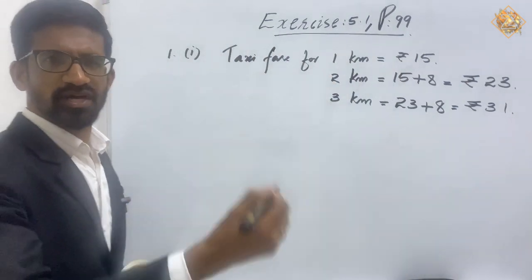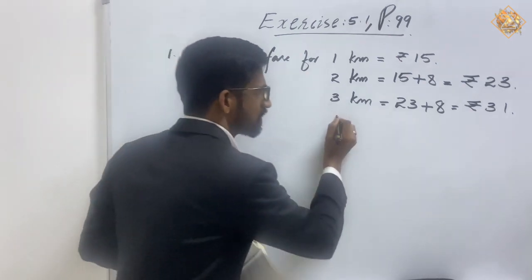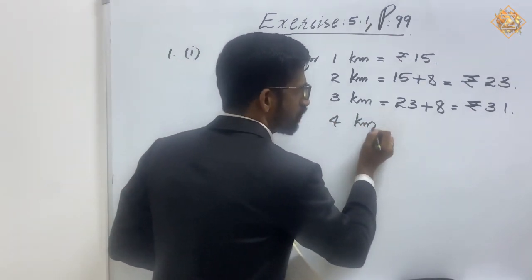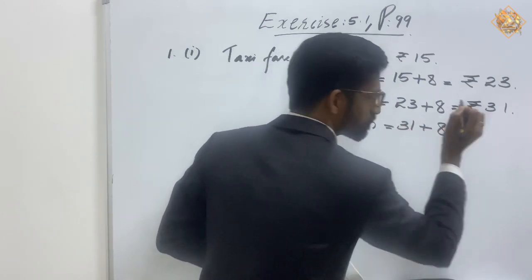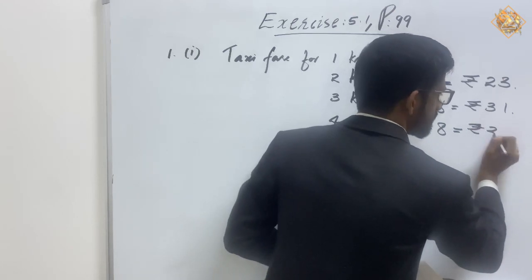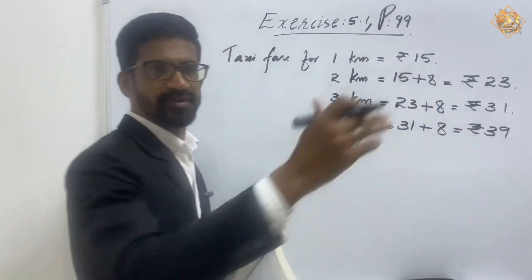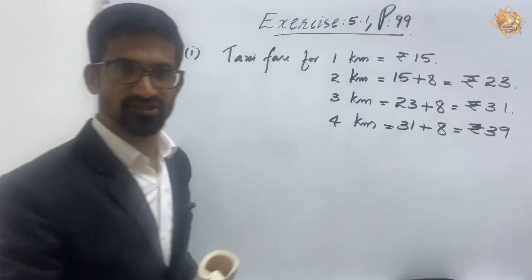Now when we are traveling 4 kilometers, the taxi fare will be rupees 31 plus 8, that is rupees 39, and so on. For 5 kilometers it will be rupees 39 plus rupees 8 and so on.